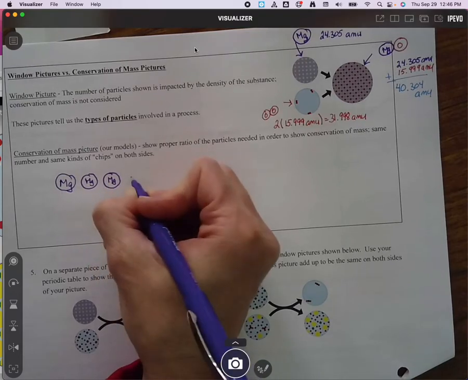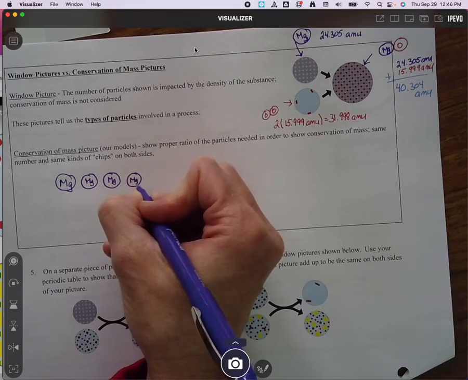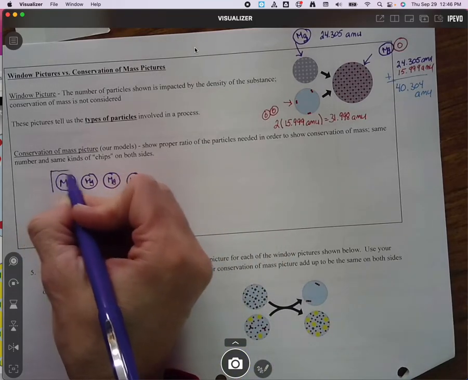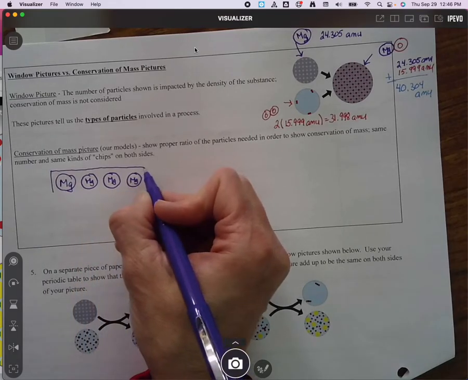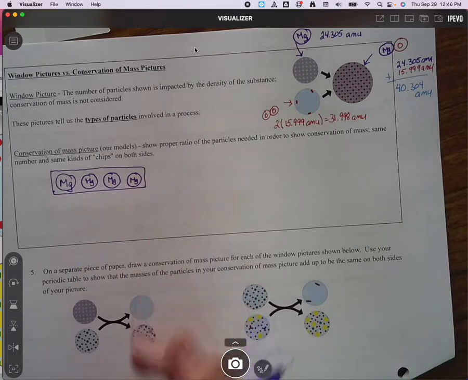And I'm going to use enough magnesiums that it looks like a strip, but not so many magnesiums that I have to be drawing magnesiums for the rest of my life. Box it in to show that it's a solid. So there's a magnesium strip.